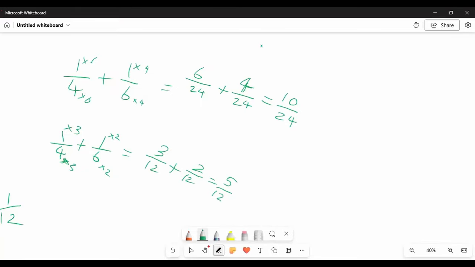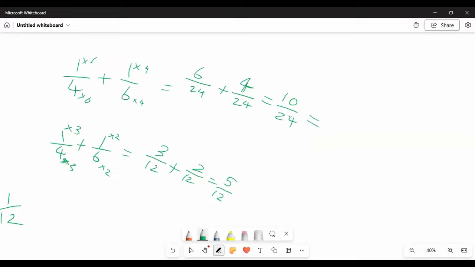Now, do you think the two answers we have got are different? Actually, no, both are the same. Is that point clear now? At the beginning, when we were doing equivalent fractions, I told you that a fraction should be given in the simplest form. So 10 over 24 is not the simplest form.